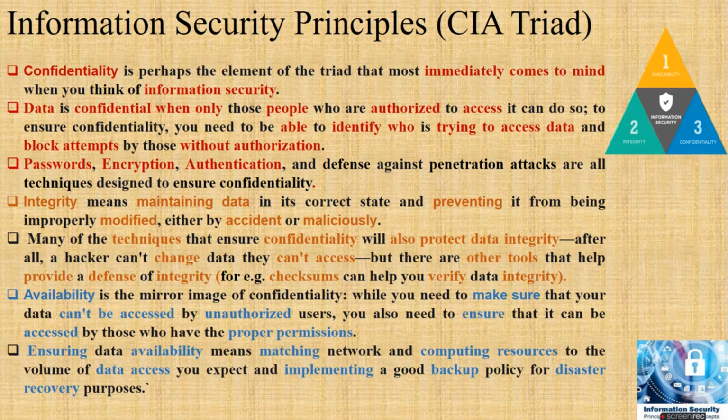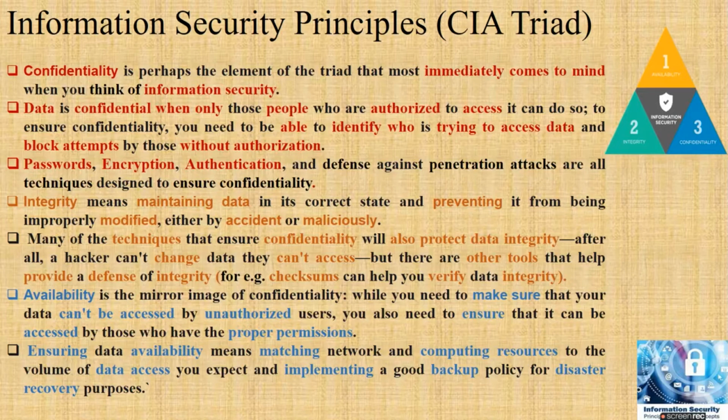The third element is availability, and it is the mirror image of confidentiality, where you need to make sure that only authorized people can access this data, and also by matching your network infrastructure and computer resources, a strong processor and RAM and good network infrastructure, to match the volume of data access you expect.